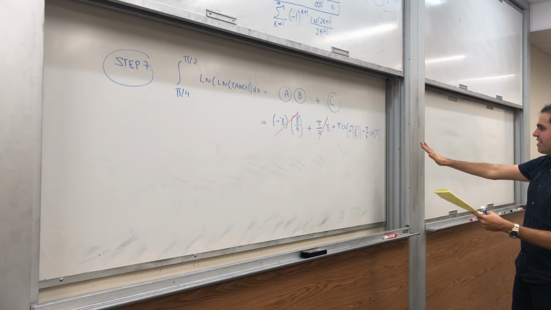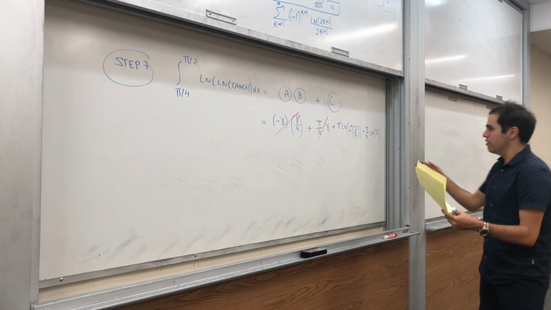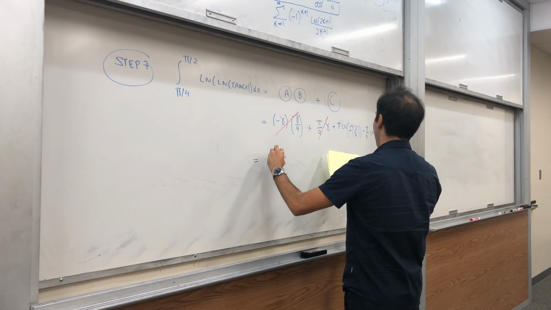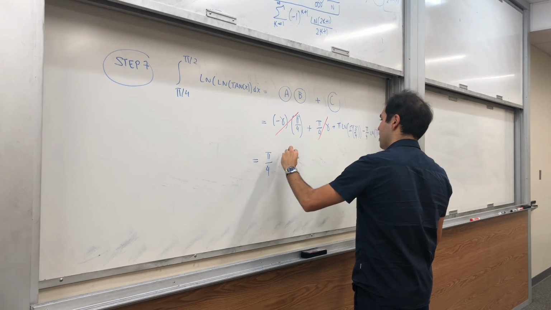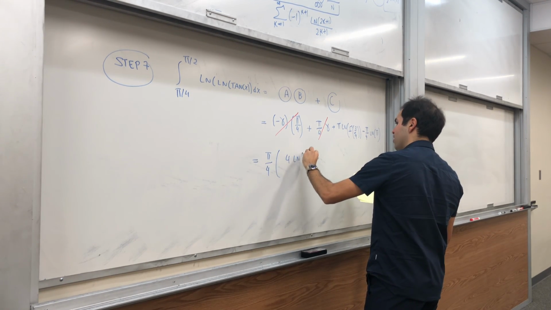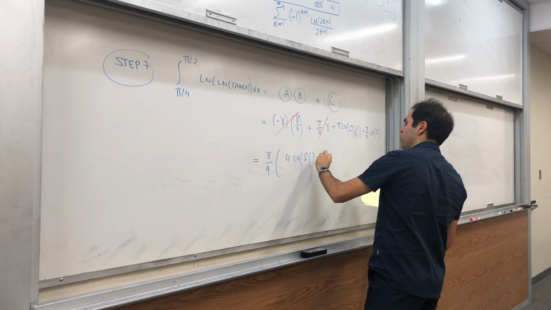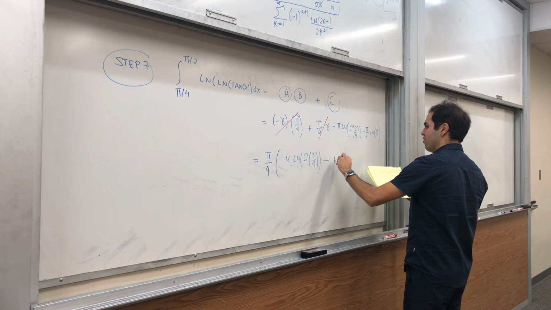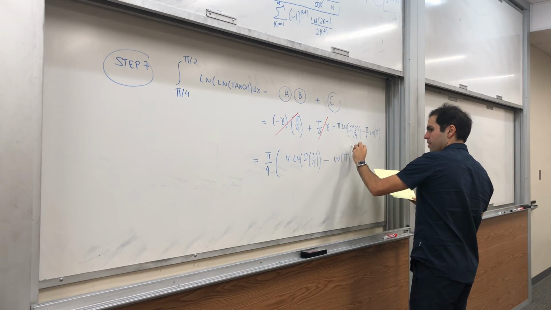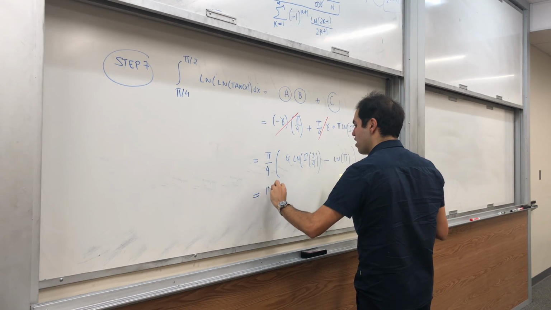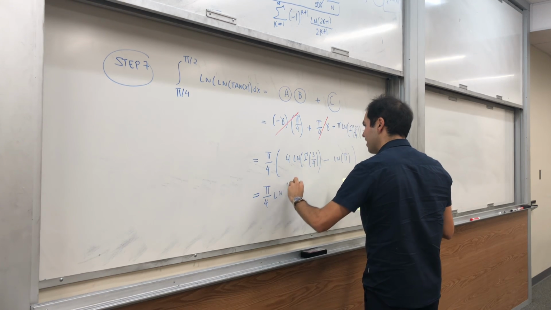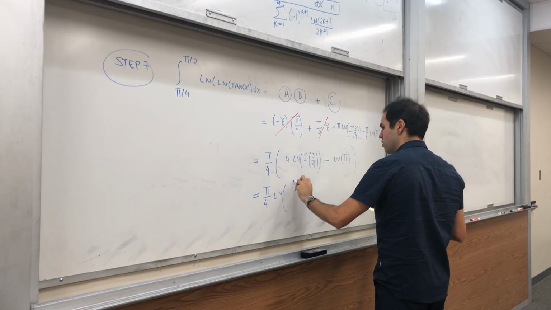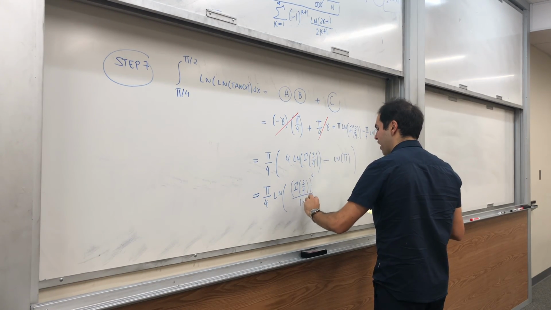Okay, so we have this, and then we're just left with, you can simplify this a little bit. So that's pi over 4, and then 4 ln of gamma function, no more Euler-Mascheroni, minus ln of pi, which you can write as pi over 4 ln of gamma of 3/4 to the 4th power over pi.